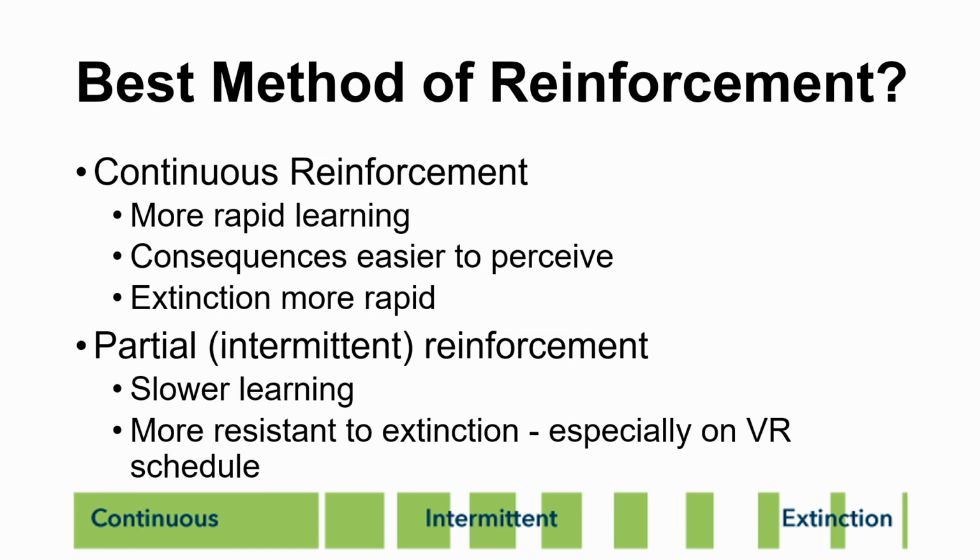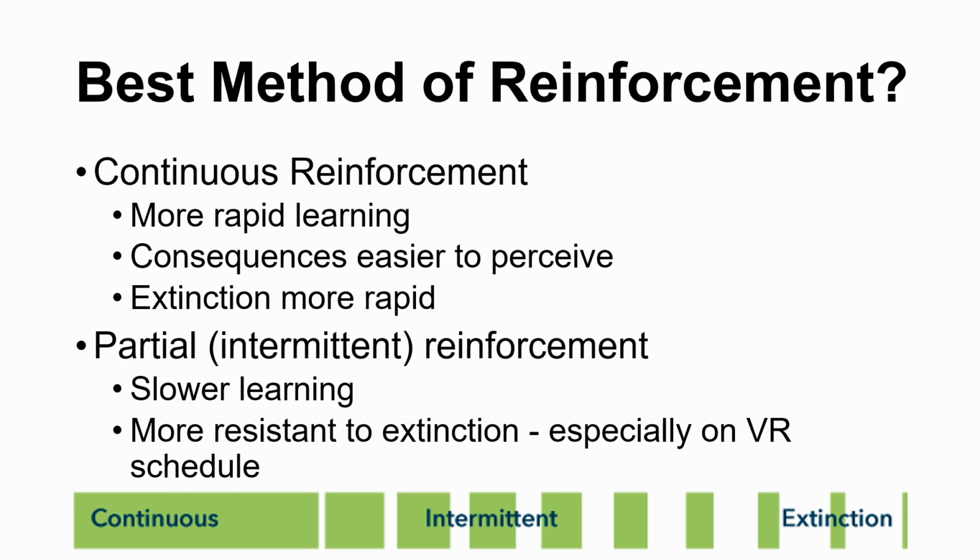So the learning is happening because the consequences are easier to perceive, because every time you press the lever, you get the food. But that also means that if you press the lever and don't get food, even one time, that's going to show up as a difference. So the consequence is very easy to perceive, and you notice when the pattern changes. This leads to much more rapid extinction.